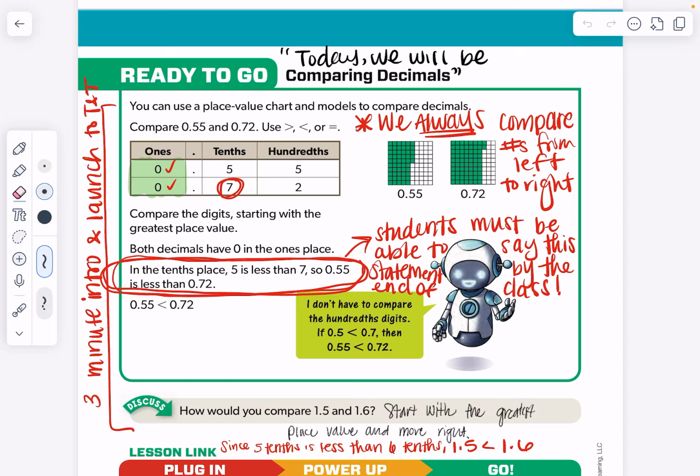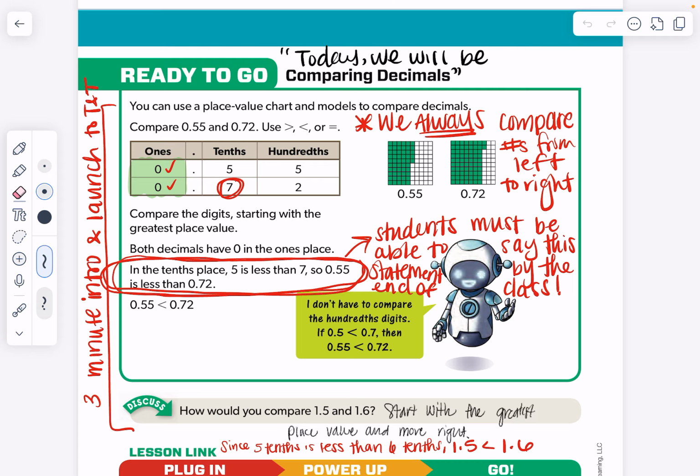If you read 0.55 and 0.72 as 55 hundredths and 72 hundredths, that's unit form, students should be able to say, okay, well, I know 72 is larger than 55, so 72 hundredths is greater than 55 hundredths. However, some students do not have that academic vocabulary yet, and they might say 0.55 or they might say 0.72.